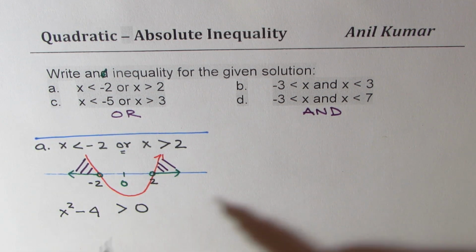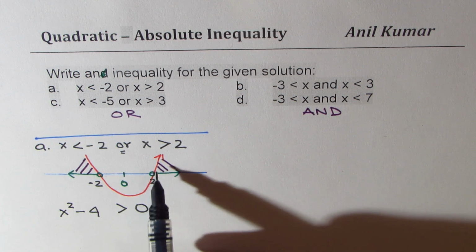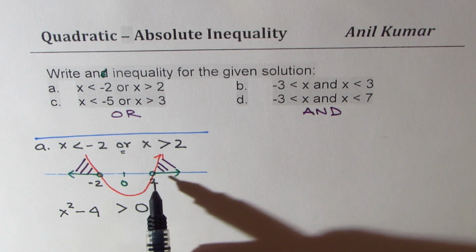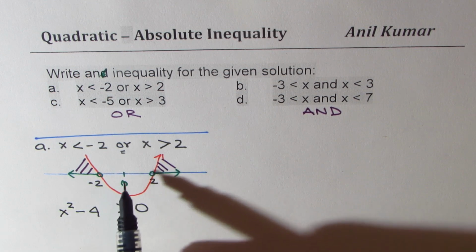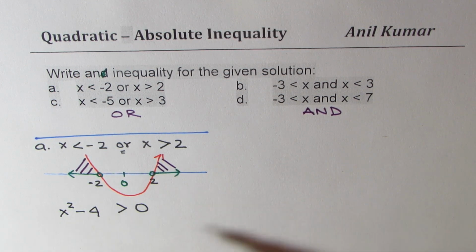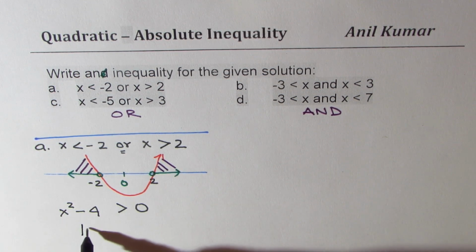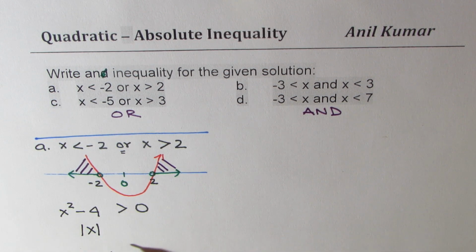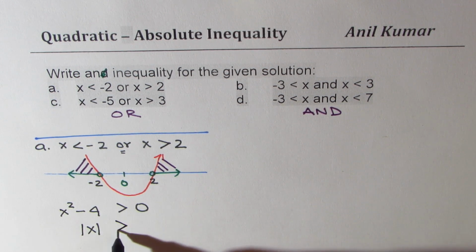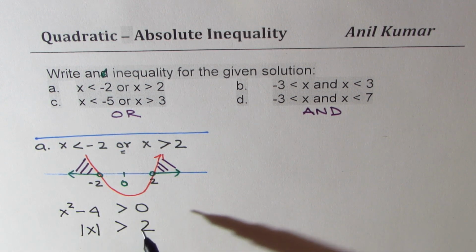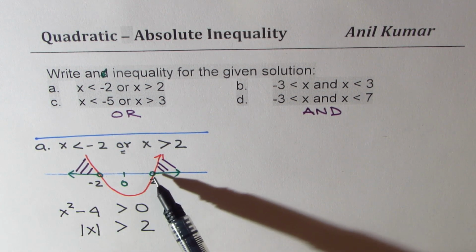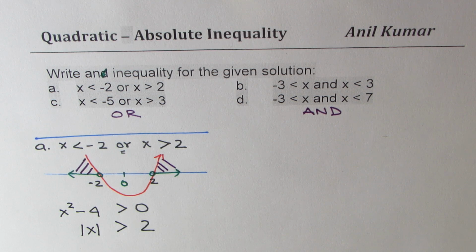Do you see that? So it is greater than 0. The parabola, as shown here, and you can see it matches the solution. Perfect. If I have to write as an absolute function, I could also write absolute x is greater than 2. So both are examples of inequalities whose solution will be as given. Perfect.